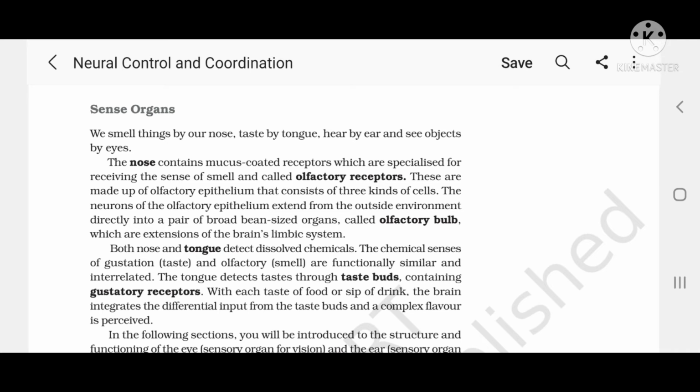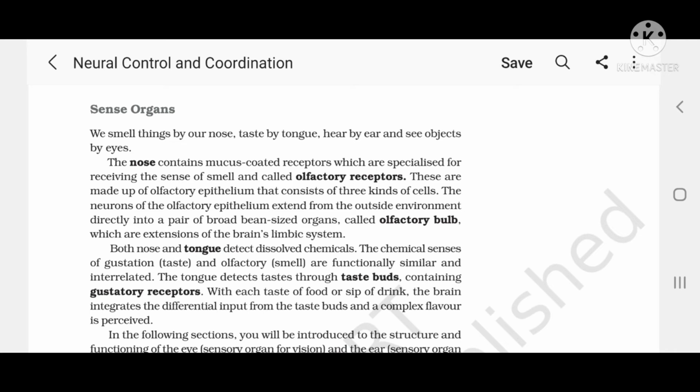These are made up of olfactory epithelium that consists of three kinds of cells. The neurons of the olfactory epithelium extend from the outside environment directly into a pair of broad bean-sized organs called olfactory bulb, which are extensions of the brain's limbic system.